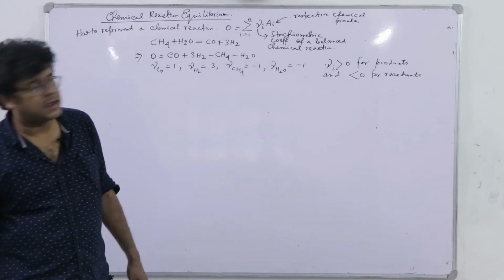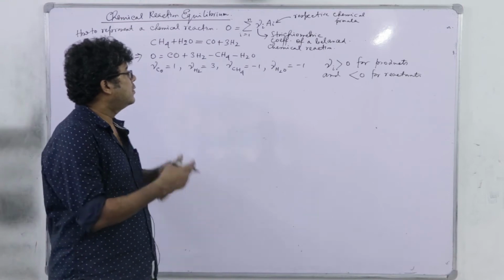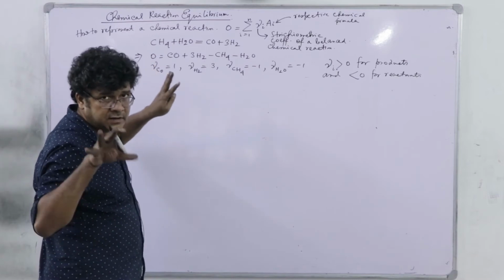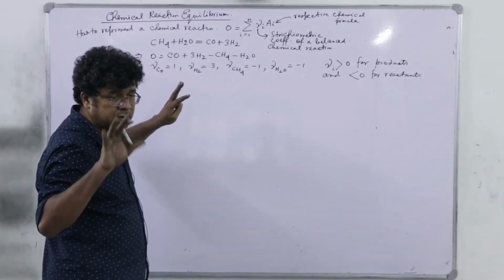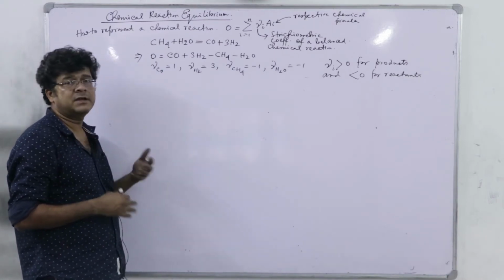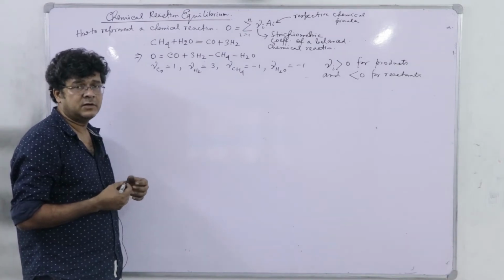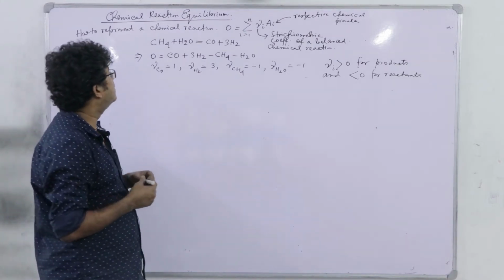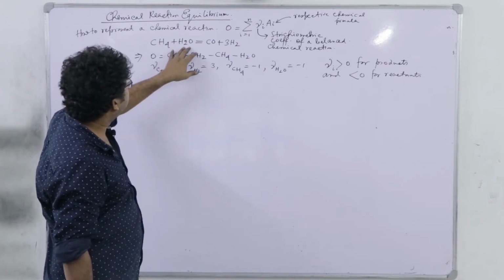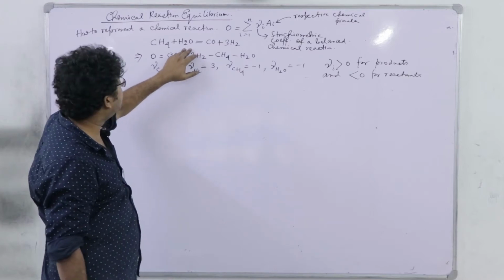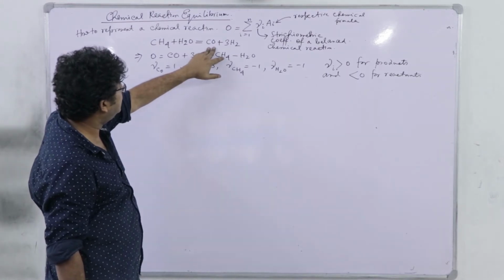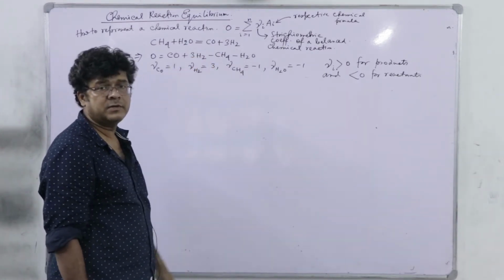Now, you see in a chemical reaction, when it proceeds, we want to represent how the number of moles of different reactants and products changes during the course of the reaction. If 1 mole of CH4 is consumed, then 1 mole of H2O will also be consumed, 1 mole of CO will be generated, and 3 moles of H2 will be generated.